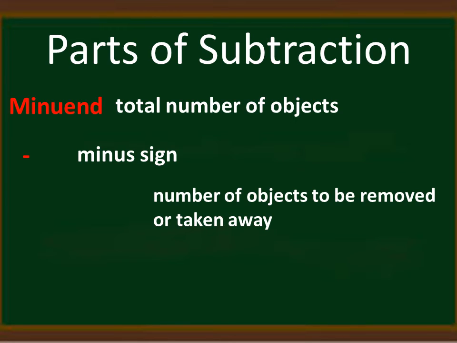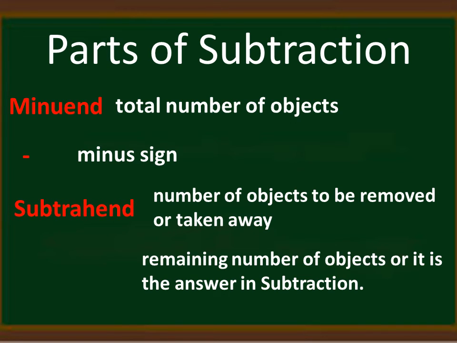When we say the number of objects to be removed or taken away, that is what we call subtrahend. And the remaining number of objects, or the answer in subtraction, is what we call the difference. Let's read again. Minuend, subtrahend, difference.